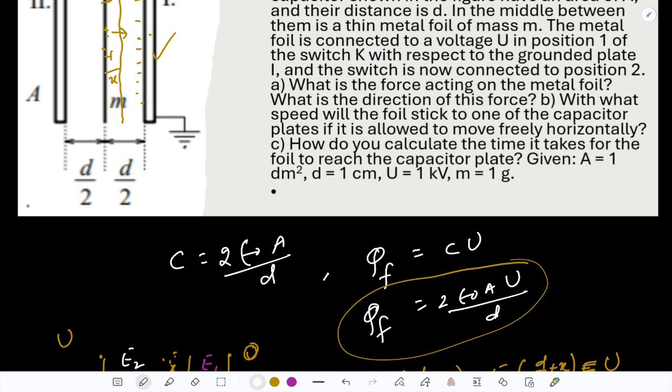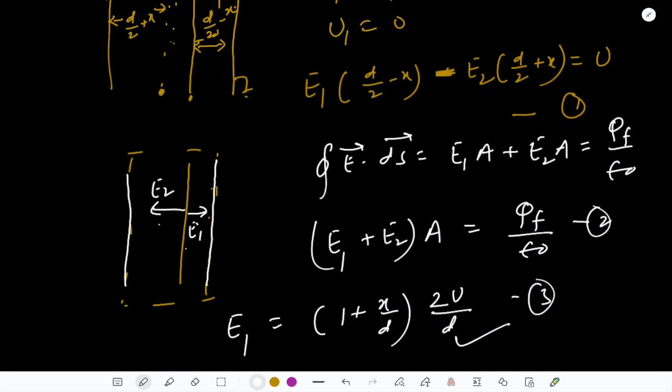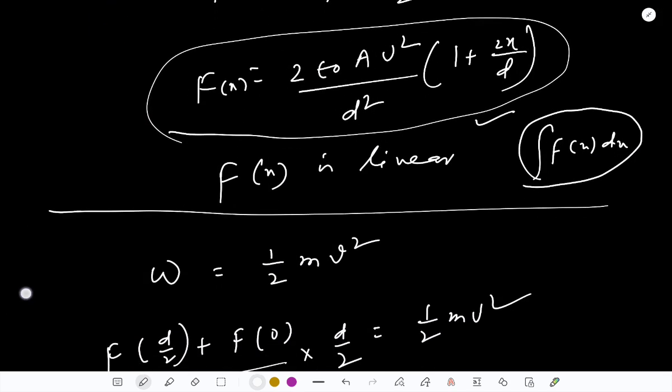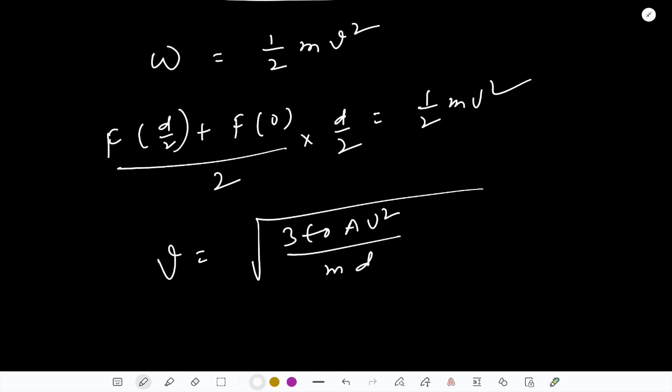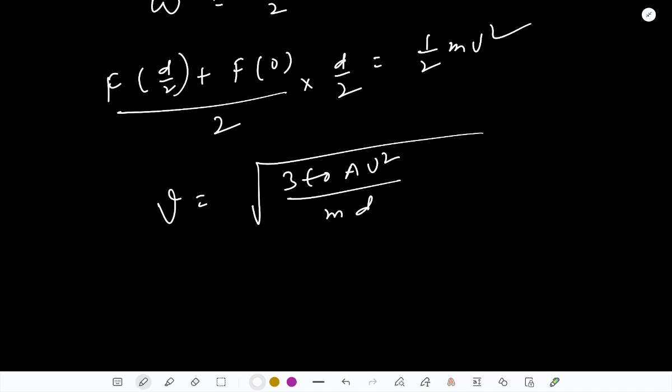This is inviting you to write a differential equation and solve it, because the motion of the foil is due to its increasing acceleration; basically F increases as a function of x.